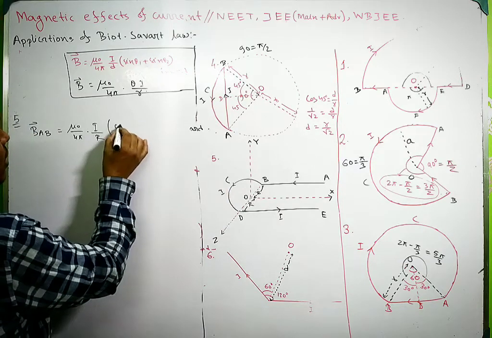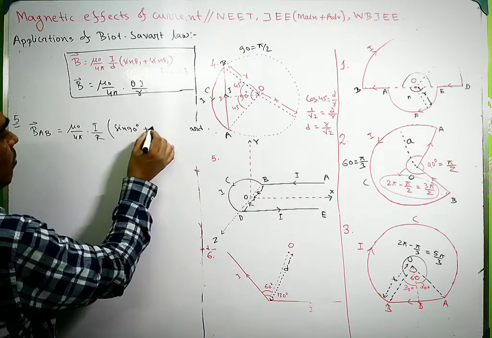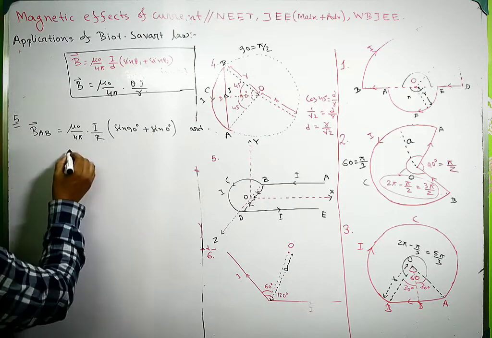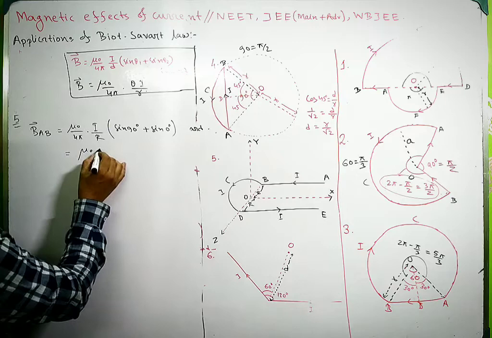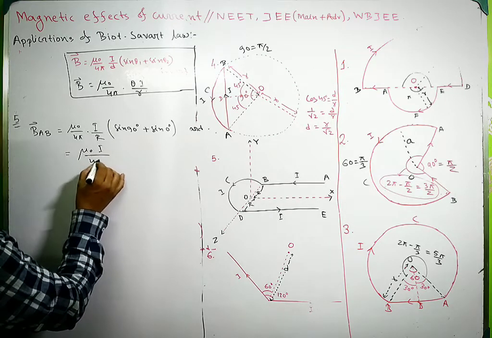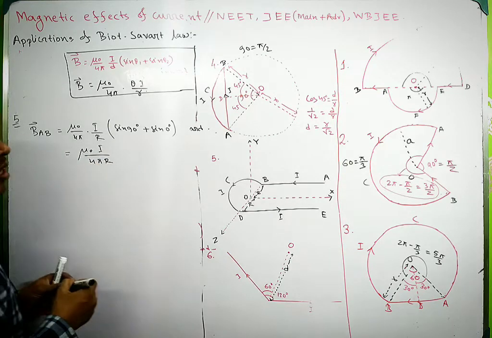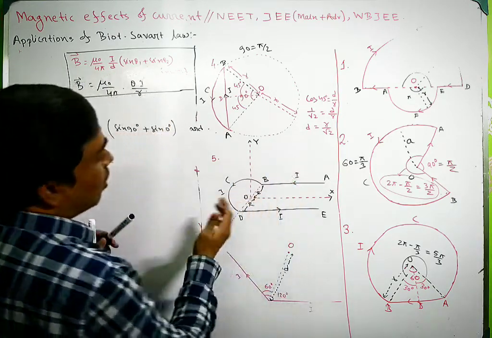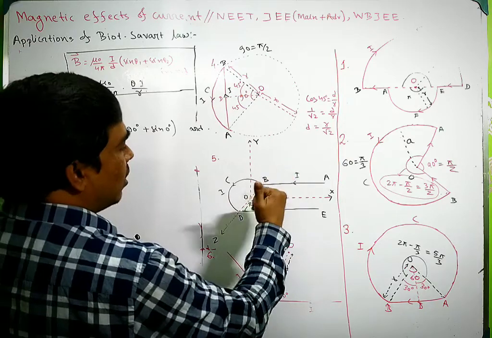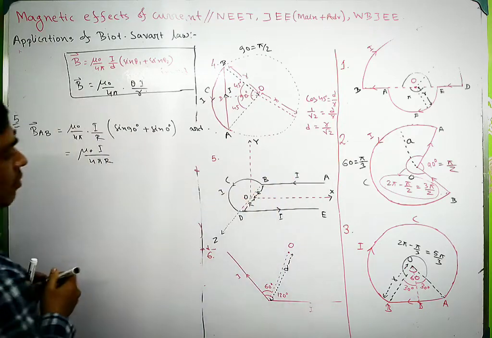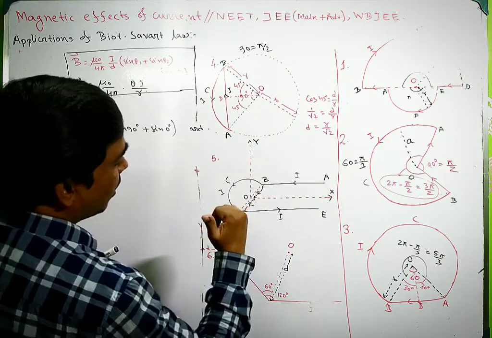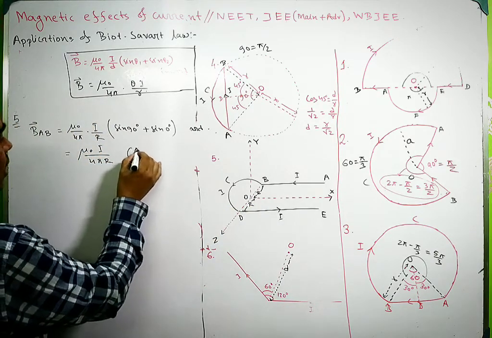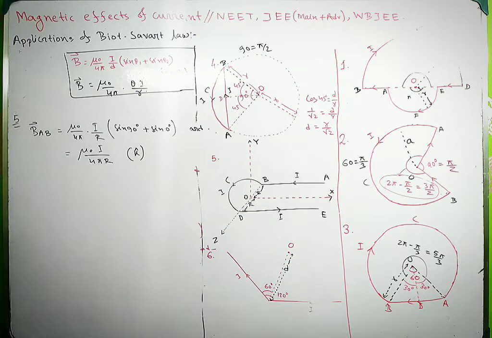So it is sin 90 degree plus sin 0 degree, and it will be mu 0 I by 4 pi R. For the direction of the magnetic field, I thought it would be along the Z axis, K cap.